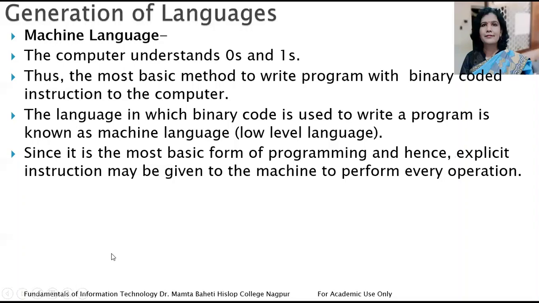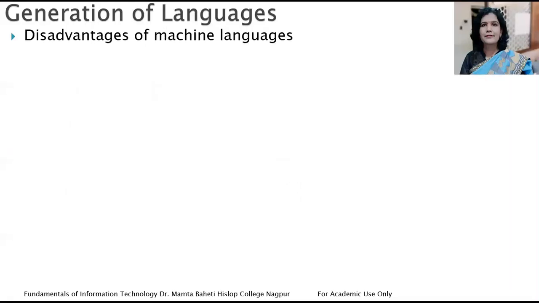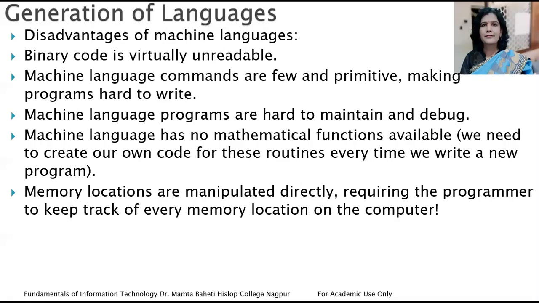But it is very easy and fast to write in zeros and ones. From an execution point of view, it is very fast, but from the user's point of view, it is very difficult and tedious. So the disadvantages are it's virtually unreadable.